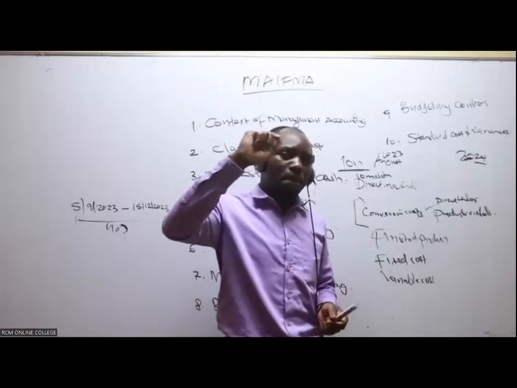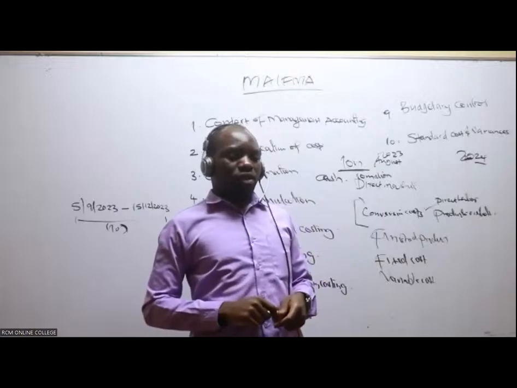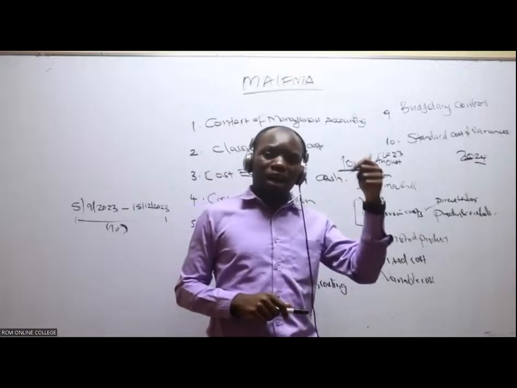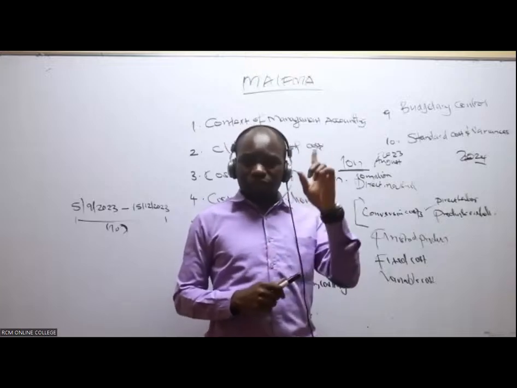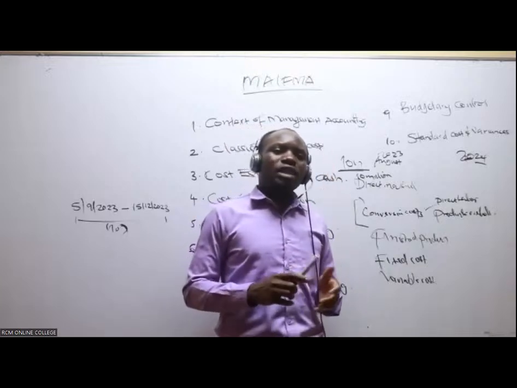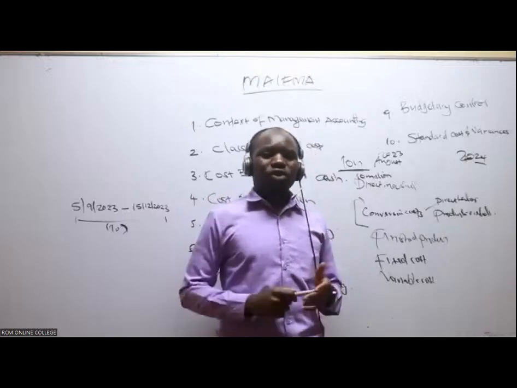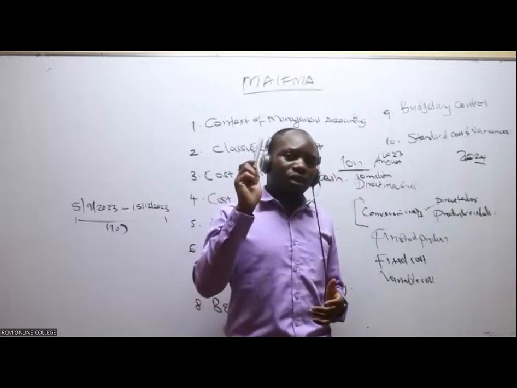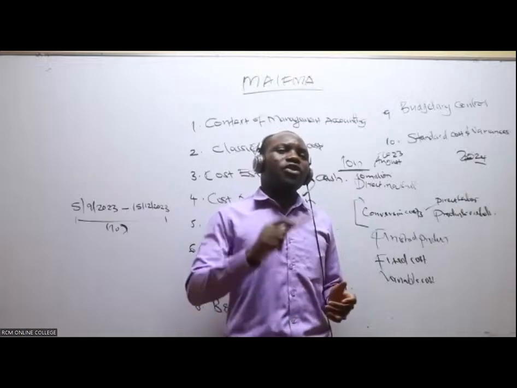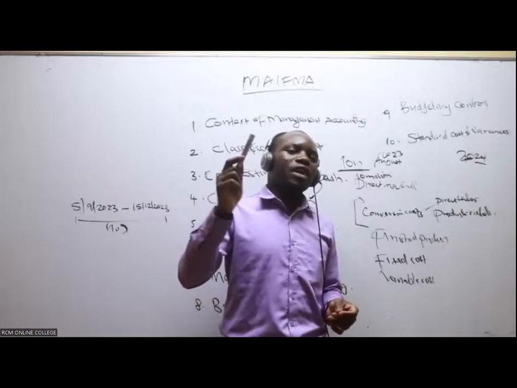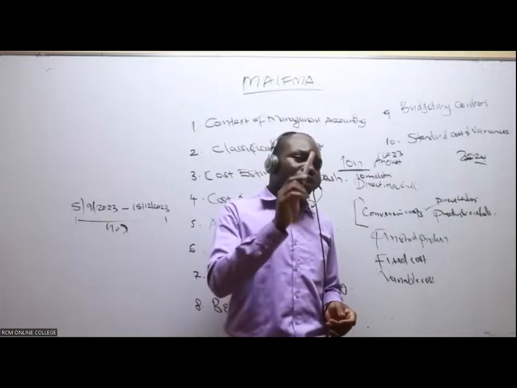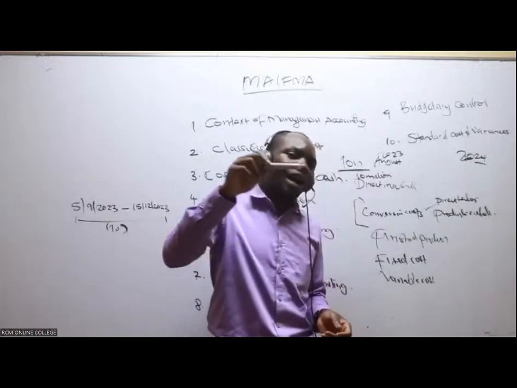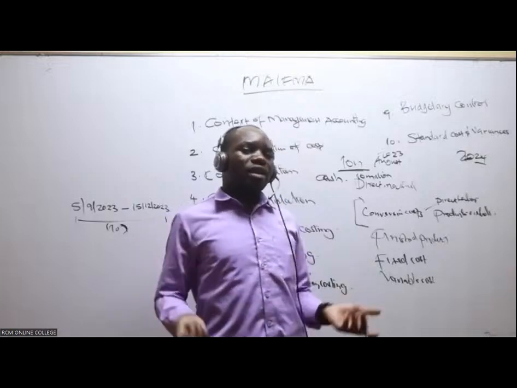If you can recall what you did in your FA or financial reporting, cash flow statements, remember you are using the indirect method, you are taking profit before tax, and then you are doing adjustment for non-cash items. You are able to understand that there was that depreciation which you are adding back. Why are you adding it back?